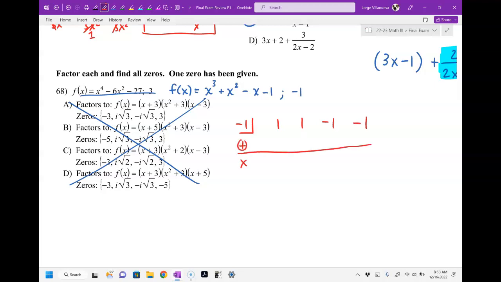You'll add on top, multiply on the bottom, drop your 1, and then start multiplying. Negative 1 times 1 is negative 1. Then add, so 1 plus a negative 1 is 0. And then multiply, so negative 1 times 0 is negative 1. And then add, so negative 1 plus negative 1 is negative 2. Multiply, so negative 1 times negative 2 is 2, and add those together, you get a 1.